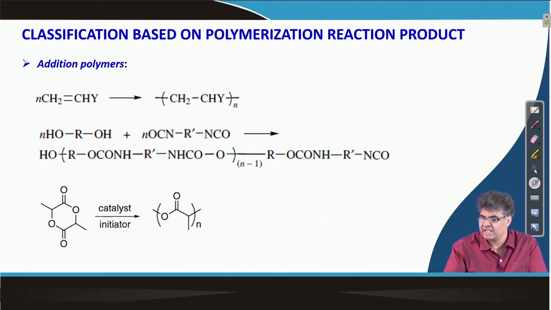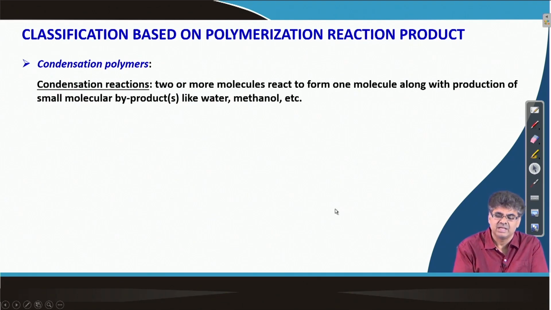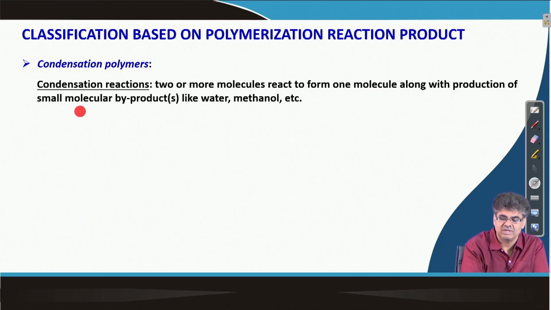So, if we move on, then we go to the next type of polymers, which is condensation polymers. We know again from the organic chemistry definition of condensation reaction that if two or more molecules react to form one molecule along with production of small molecular byproducts like water, methanol, etc., then we call this a condensation reaction.